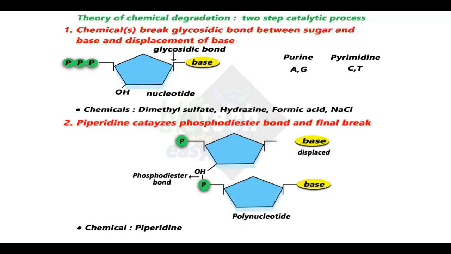So these are the two steps. It means ultimately at a particular base, we know which base has been displaced, and we know that the polynucleotide chain has been broken from this point.